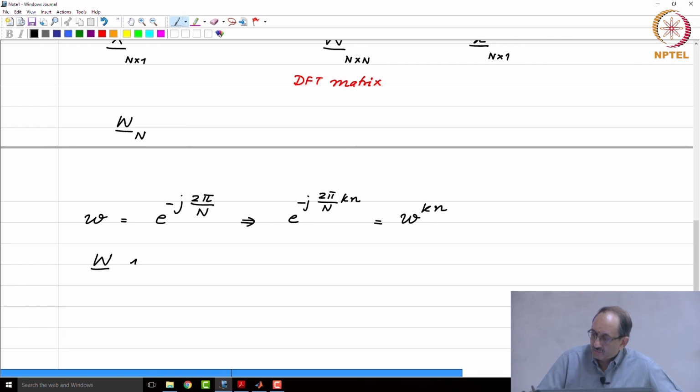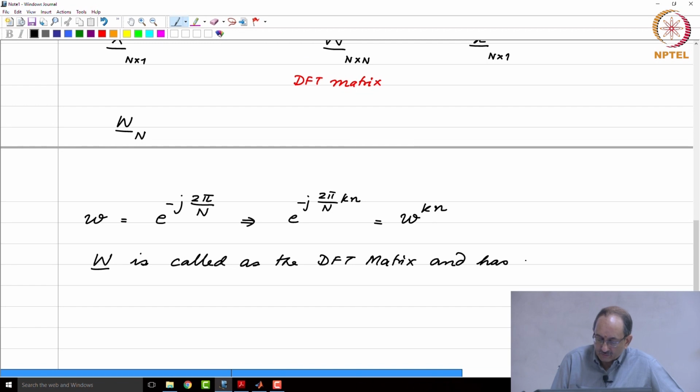So, W is called the DFT matrix and has rank N, and therefore invertible.